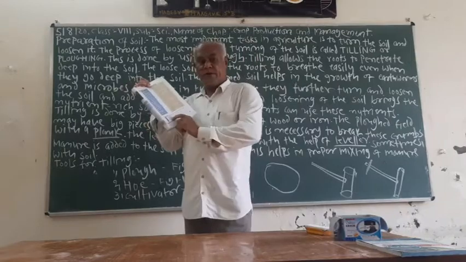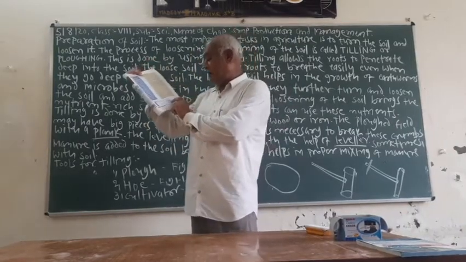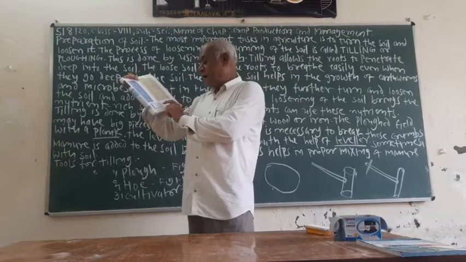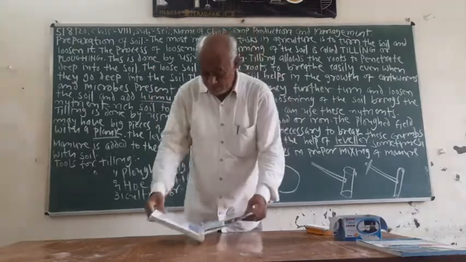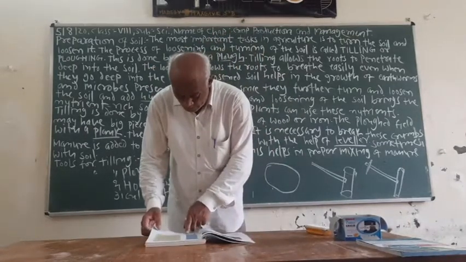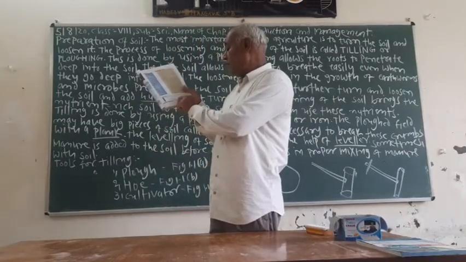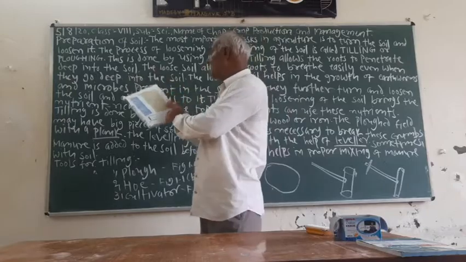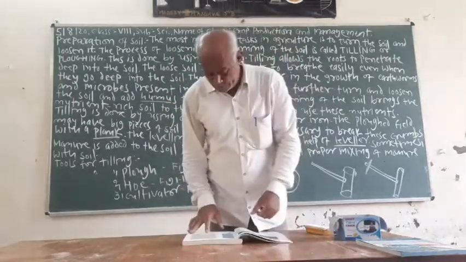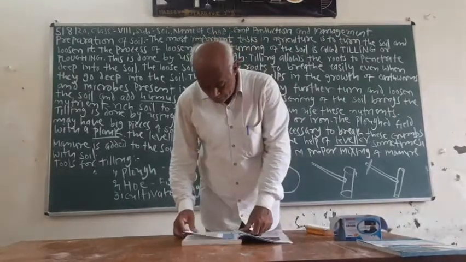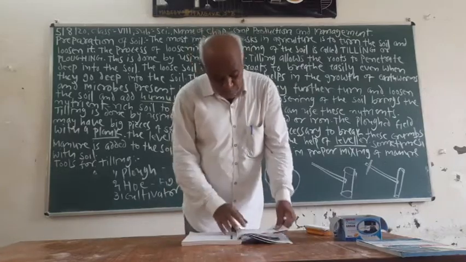Question 1a: the same kind of plants grown and cultivated on a large scale at a place is called a crop, which we learned in the previous class. Second blank: the first step before growing a crop is preparation of the soil. The most important task is preparation of soil, and it is the first step before growing any type of crop.